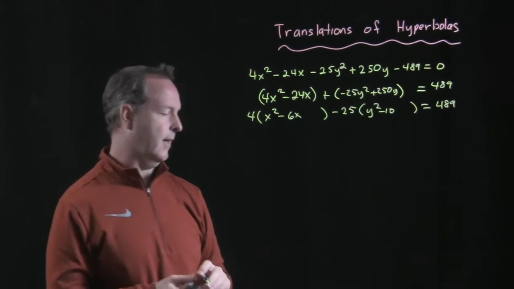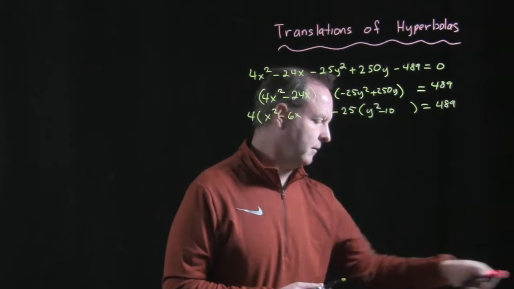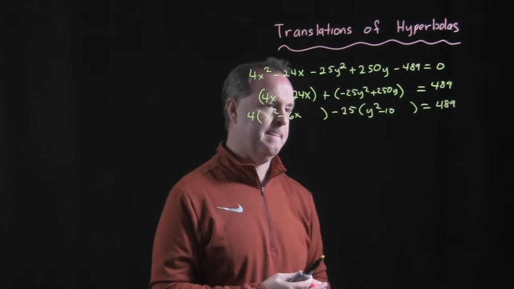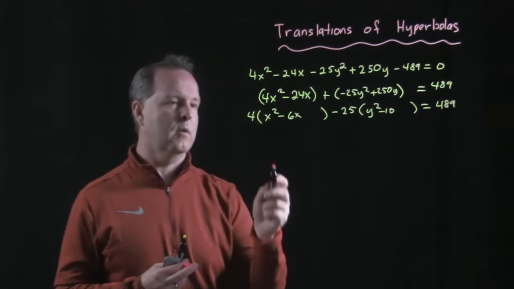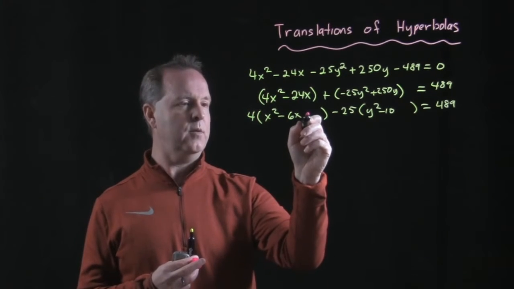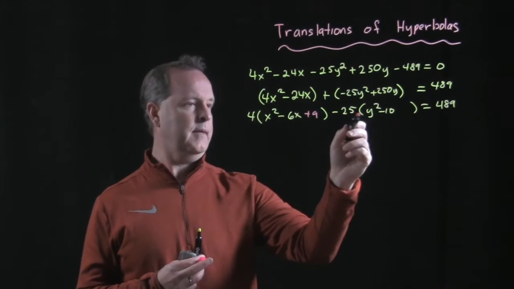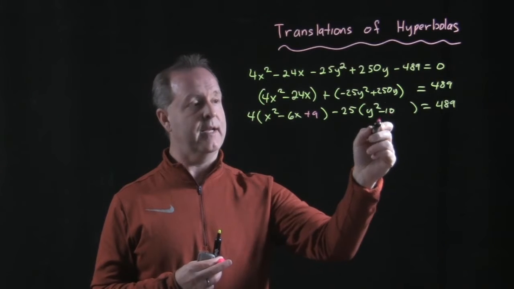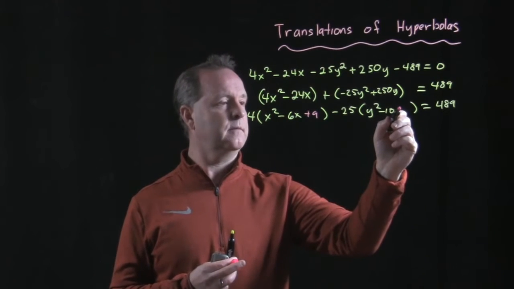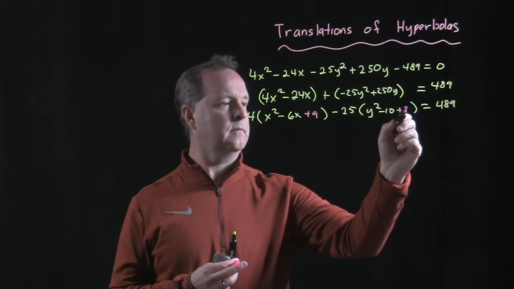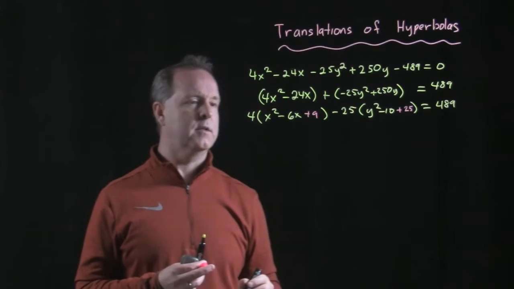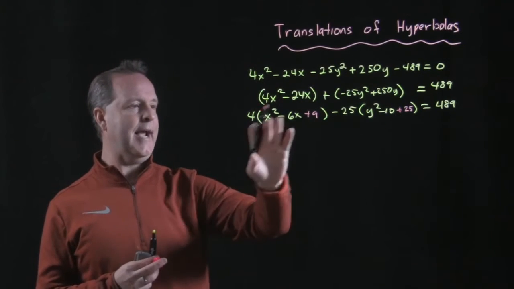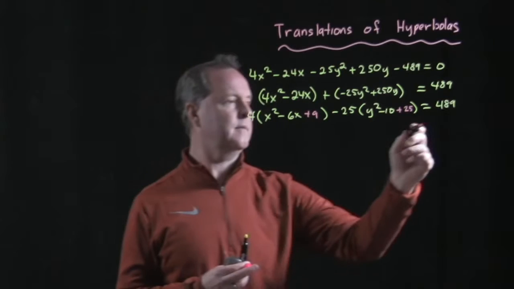All right, from here, we want to add a 9 to this one. And then over here, half of that is a negative 5, and negative 5 squared is 25. So that means to the right side I need to add 36.